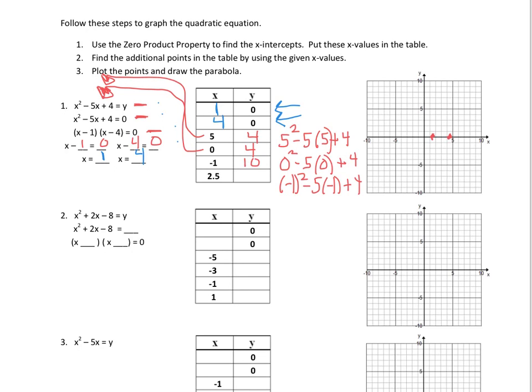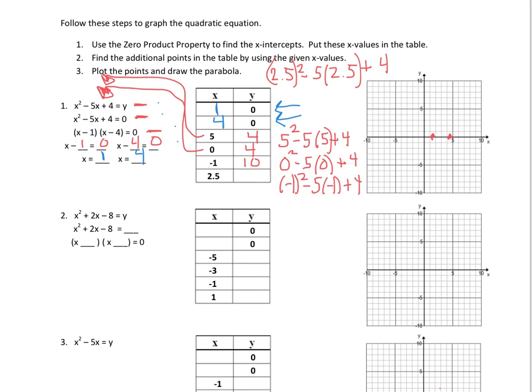And then here's a little tricky one, 2.5, but don't make it tricky. It's just a decimal. So 2.5 squared minus 5 times 2.5 plus 4.